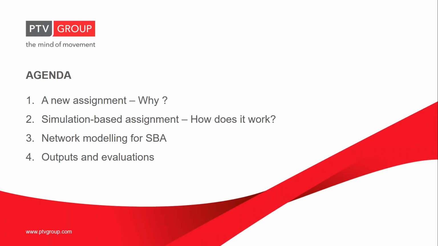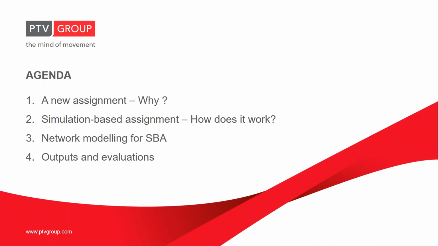Today's webinar covers several topics about SBA. First, I would like to answer the question why we introduced a new assignment in Visum. I will explain in more detail how the simulation-based assignment works. I'll talk about the requirements for network modeling, in particular junction modeling, and we go through some of the parameters, especially focusing on those for calibration.